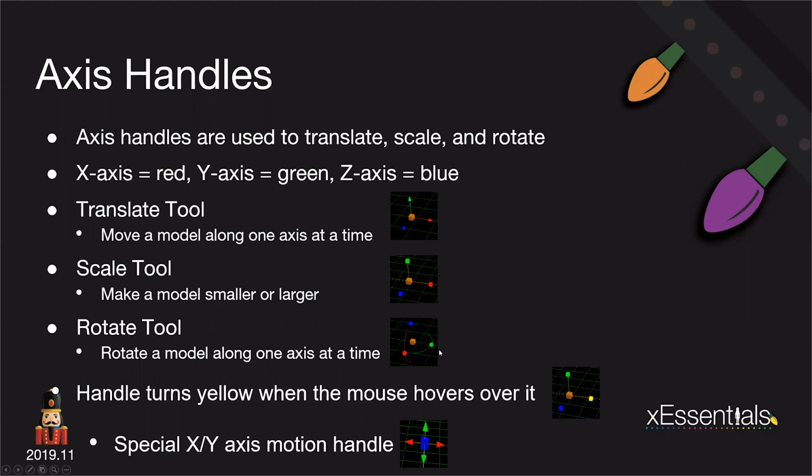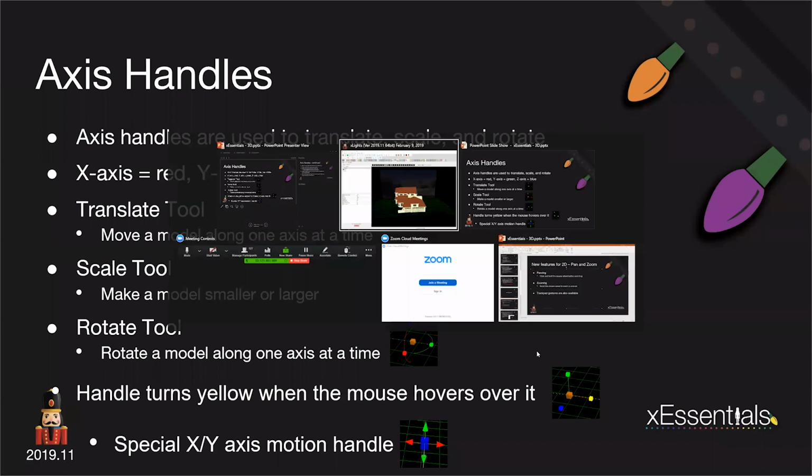The rotate tool is going to rotate around an axis, and I'm mentioning that when you hover over any of these, they turn yellow, so you can know when you're going to grab it. The other thing I'll say is I couldn't capture it in a screenshot, but maybe it shows up in xLights.